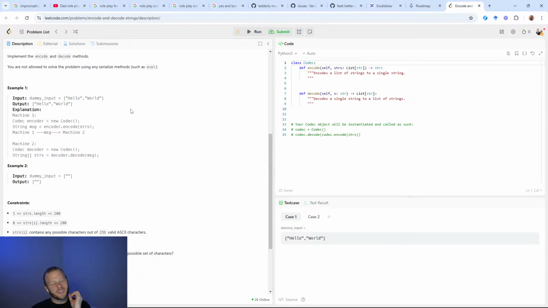But it's like the opposite of compression. It's like making it larger. You are not allowed to solve the problem using any serialization method. Bummer.